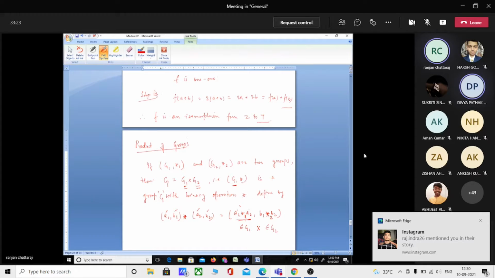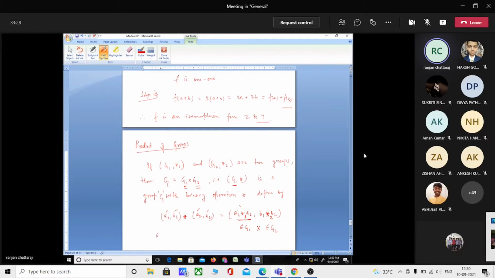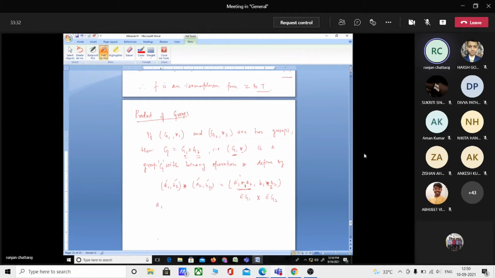You see, there is a similarity of this one to the previous one. Let me, you see, A1, B1 belongs to G with binary operation asterisk.